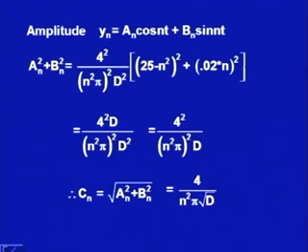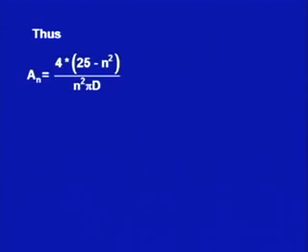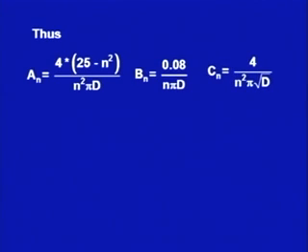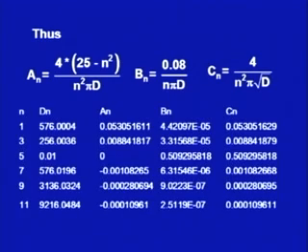Now, put in different values of n, so that we can see what the amplitude of the different solutions would be. a_n is 4 into 25 minus n square upon n square pi d, b_n is 0.08 upon n pi d, and c_n we have got as 4 upon n square pi root d. Let us evaluate it for certain values of n.